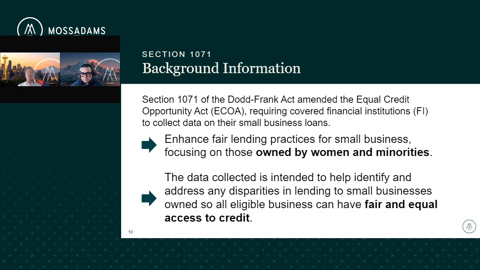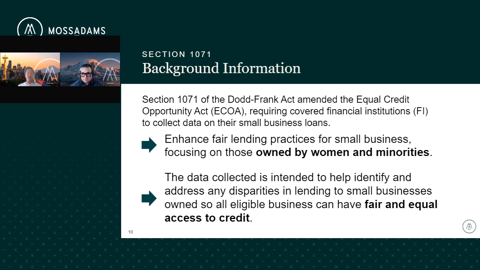It is the same as 1071 in that it requires lenders to report data on applications, but more specifically mortgage applications and approvals. That's on the HMDA side, right? And the data is also used to identify and address discriminatory practices in home lending, particularly against minorities.